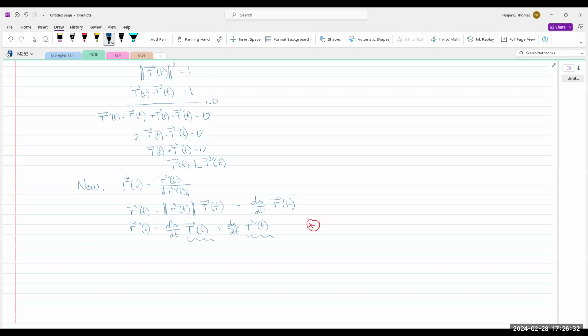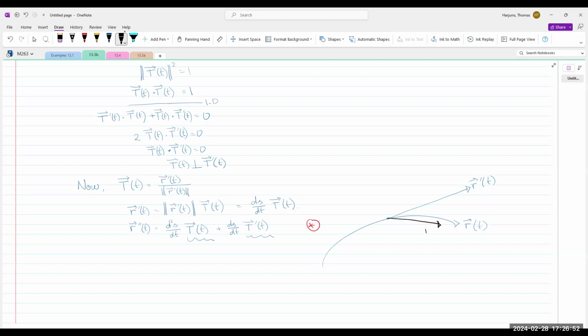Okay, so if you think about that, let's say this is r(t), right? And this is the velocity, the r prime t. Now you will see that r double prime t actually looks like this.